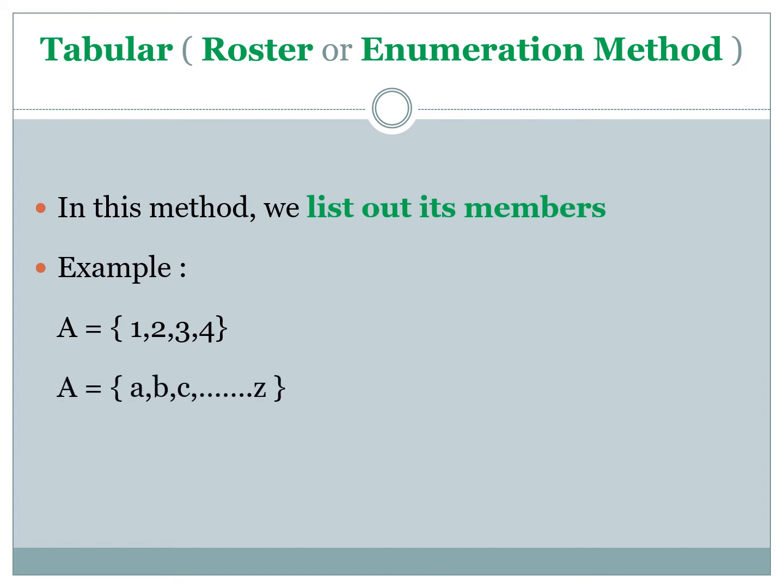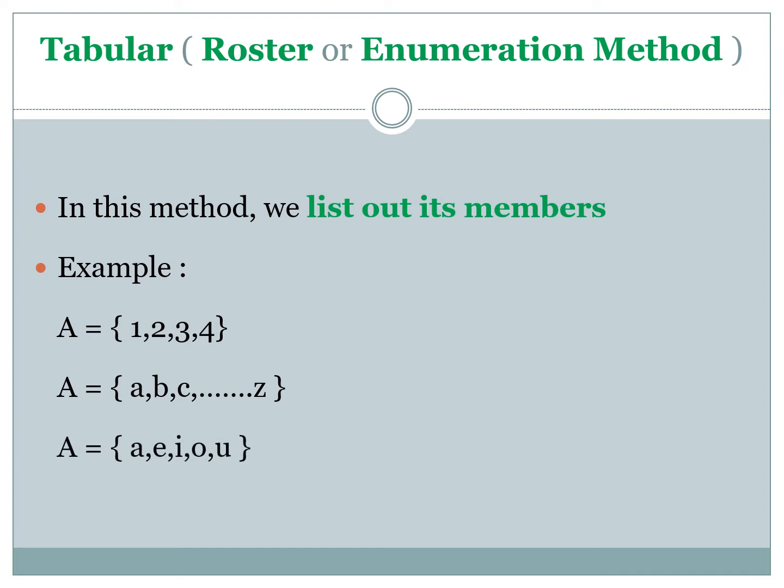Another example is the set {A, B, C, etc. up to Z}. Here again, the elements of set A are members of the English alphabet. But in this example, we list out the members of the set A, while in the earlier slide, we only mentioned the properties satisfied by the members.